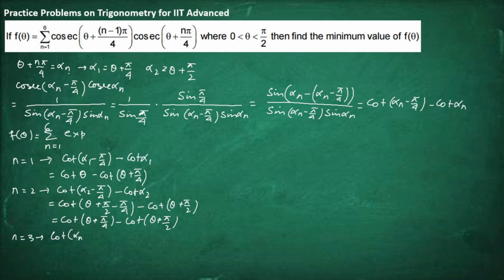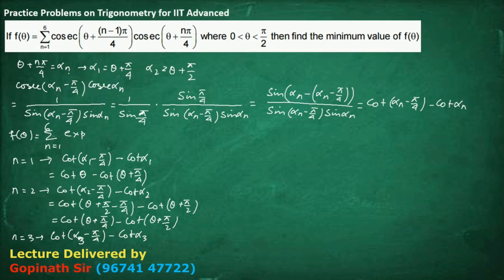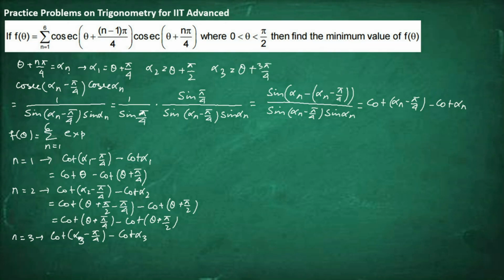Now if I put n equals to 3, we are going to get cot(alpha 3 minus pi by 4) minus cot(alpha 3). What is alpha 3 over here? Alpha 3 is nothing but theta plus 3 pi by 4. So what we are going to get from here?